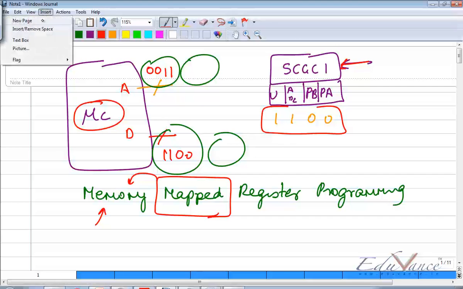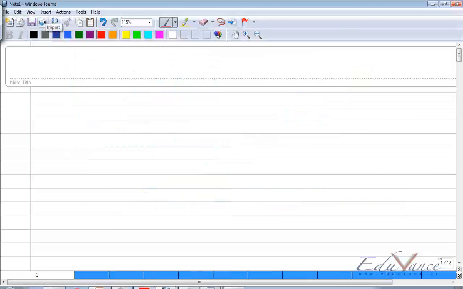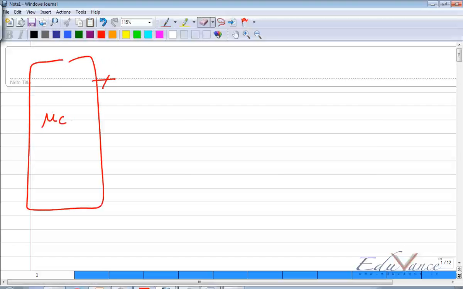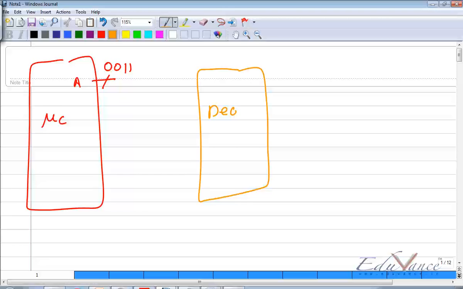So let us go a little bit deeper into how this must be working. So this is my microcontroller. When my microcontroller writes the address 0011, for every address there is a big decoder which will take the 4-bit address, and since it is 4 bits, there is a total of a 4:16 decoder, where each line is an enable.